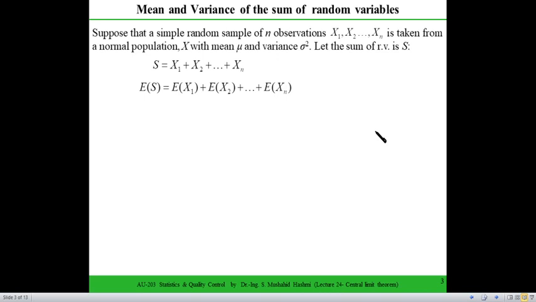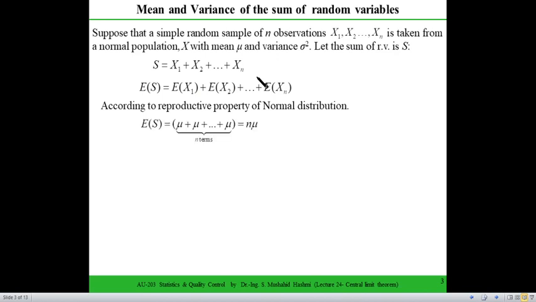If we have to calculate the mean value of that random variable, we just take the expected value of the random variable S, which is the sum of x1 up to xn. As we know, x1, x2, xn all belong to a normal population with mean mu and variance sigma square. According to the reproductive property of the normal distribution, the sum of random variables would also follow the normal distribution.